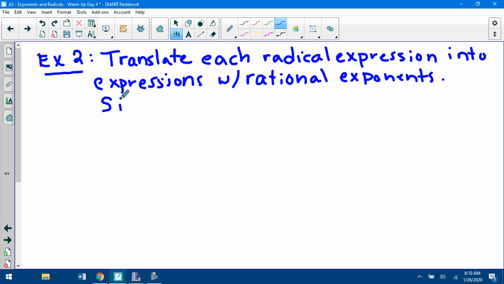And I'm going to also say simplify. So if you can, simplify as much as you can. Now, a lot of times these would be multiple choice questions. That's where I usually see them show up on tests.